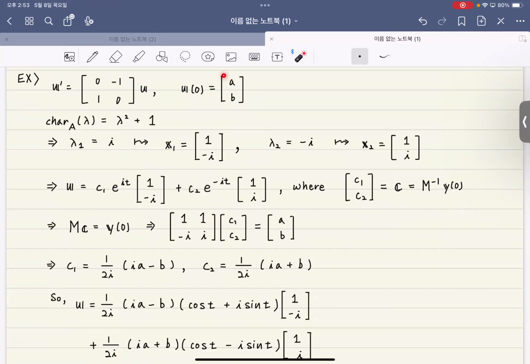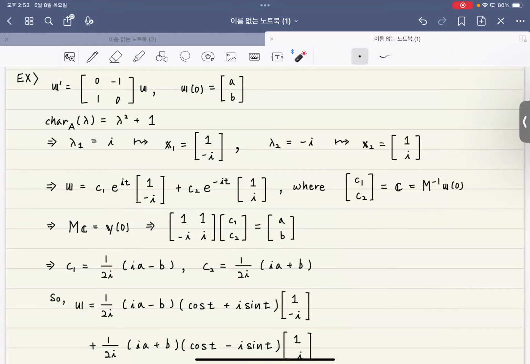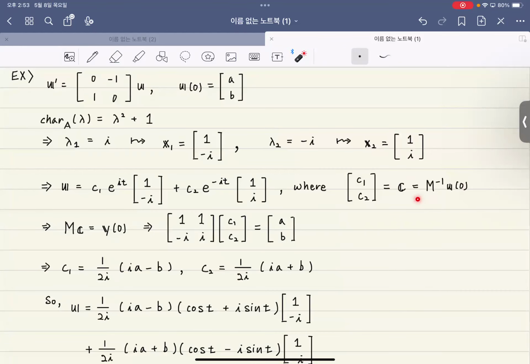Well, this is my initial condition, A and B, right? Sorry, this one should be U0. So C is M inverse times U0.